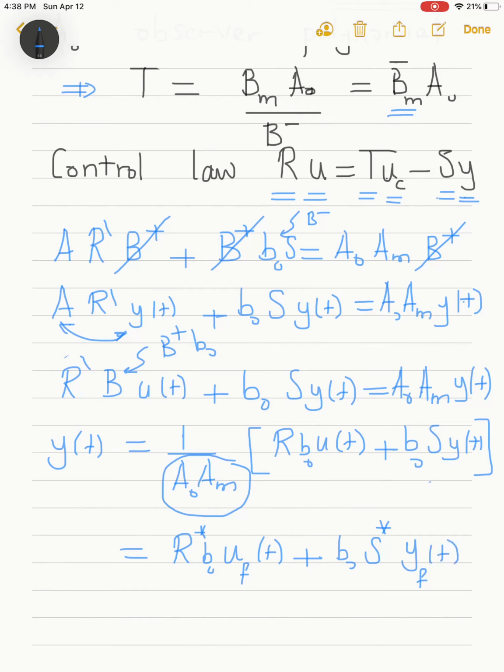We'll see by example how to put that in a form that the estimator can utilize to calculate the coefficients of the polynomials R and S.